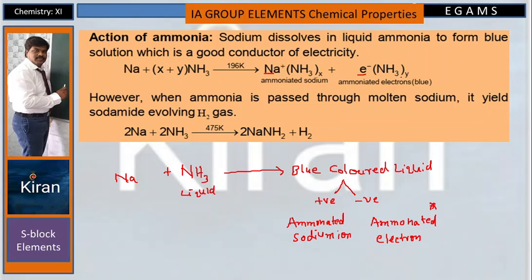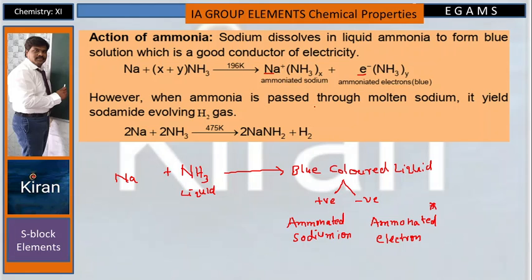Here, the Y indicates the number of molecules. So, how many molecules are reacting in this case? Those number of molecules will come under this. So, this is unstable. After some time, this color disappears and forms sodium amide.